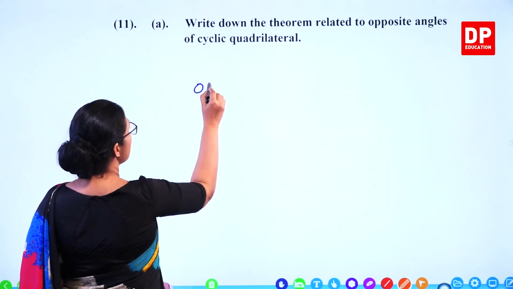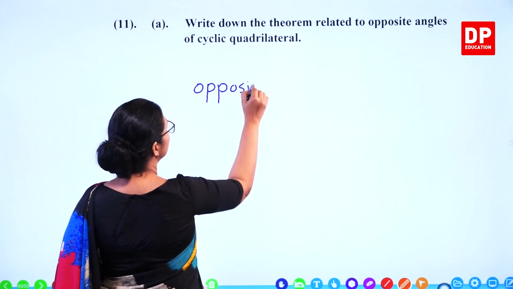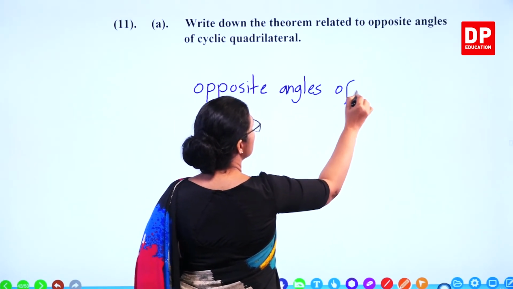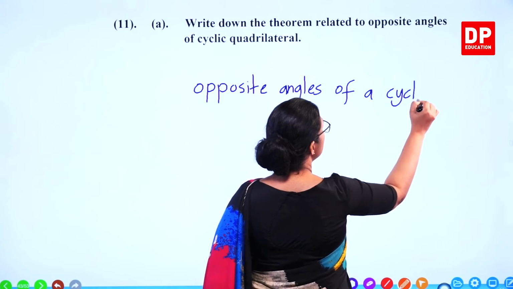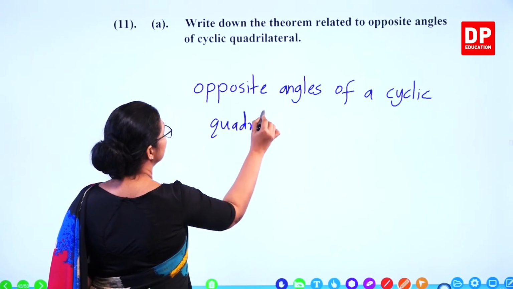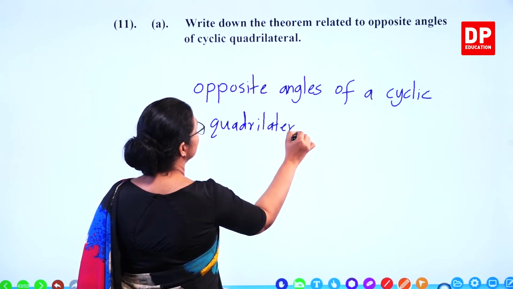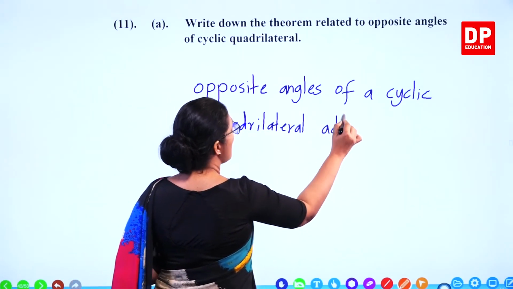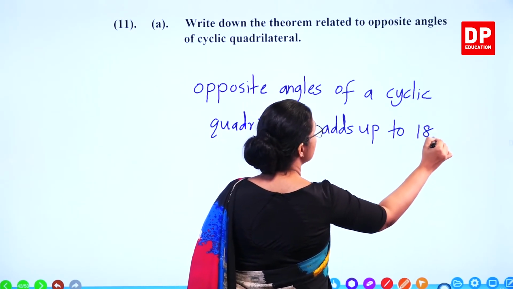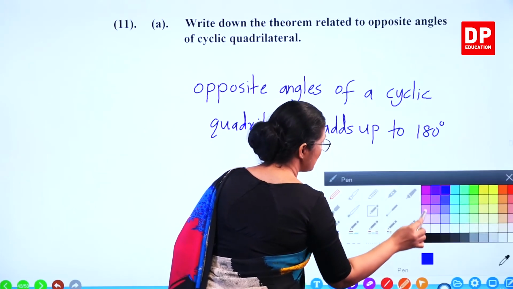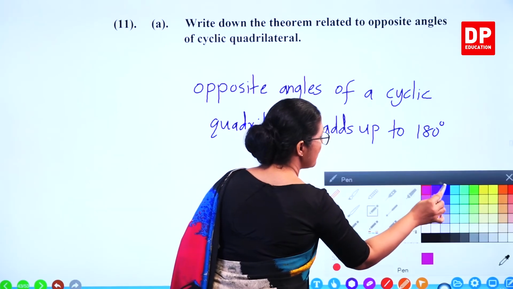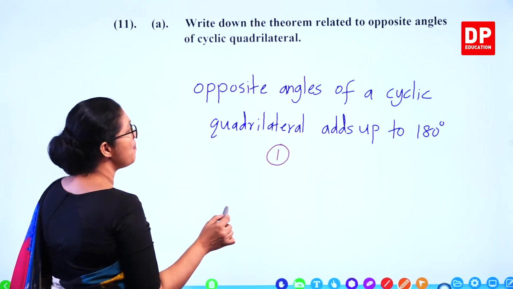So opposite angles of a cyclic quadrilateral adds up to 180. So you only get 1 mark here. Is to write down the theorem, you get only 1 mark.